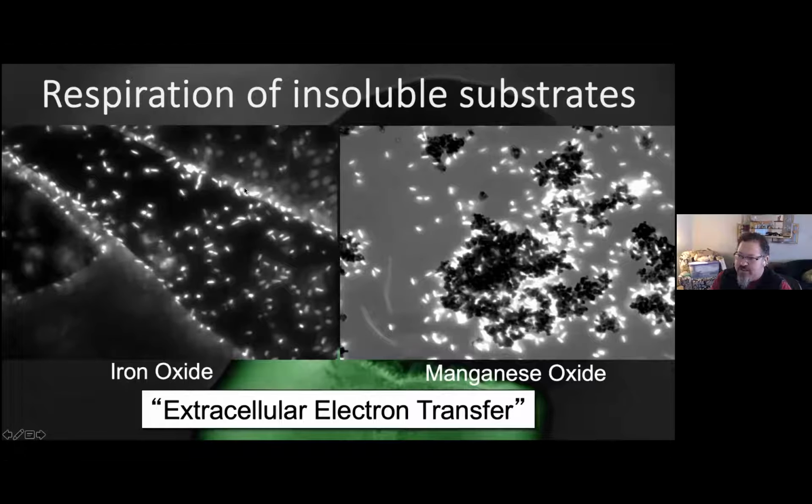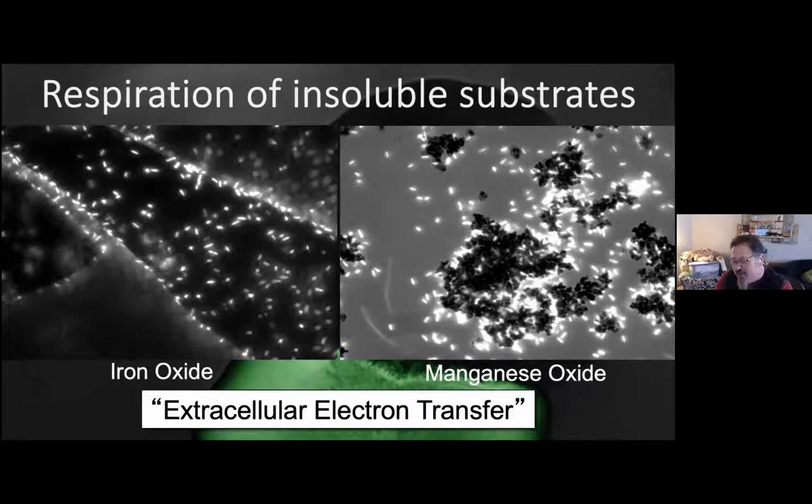And so these are just some images of a fluorescently labeled Shewanella. So you can see these little fluorescent cells here, using iron oxide as a terminal electron acceptor, and manganese oxide as a terminal electron acceptor. So this was the first kind of respiration described where the substrate was not coming into the cell, but rather the electrons were being brought to the substrate outside of that cell.